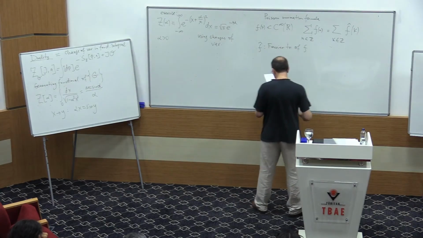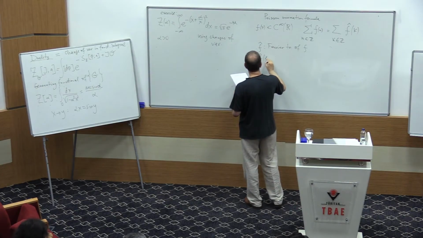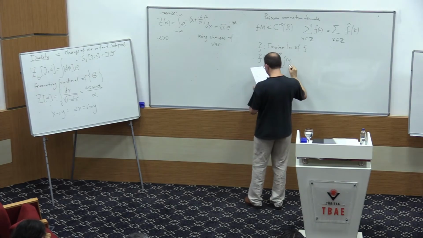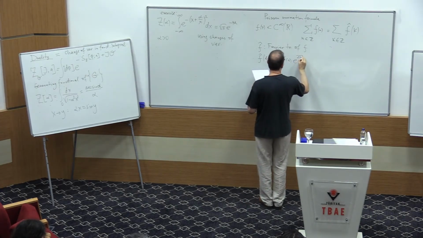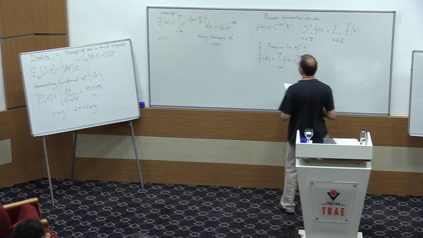More specifically, f hat of b is equal to the integral from minus infinity to infinity of f of a e to the 2 pi i b a da. Okay.